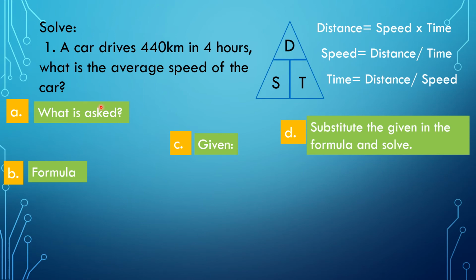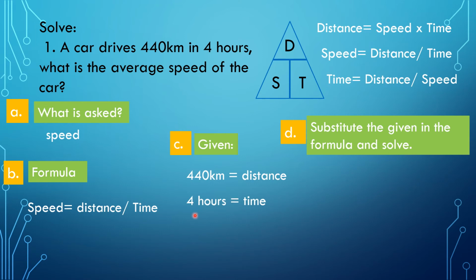So now, what is asked in the problem is the average speed, which means this one. And you can write the formula. Speed is equal to distance over time. Now, what are the given here? 440 kilometers, that is the distance.